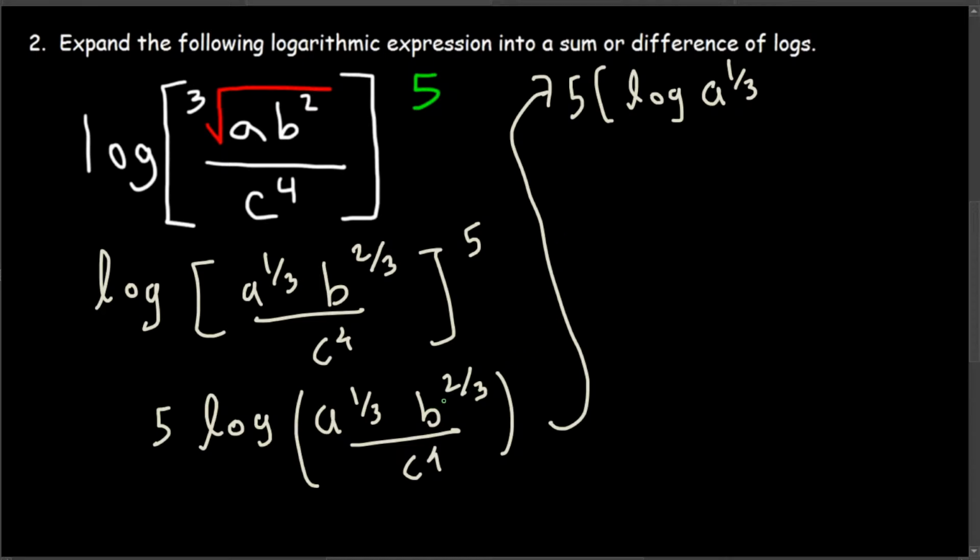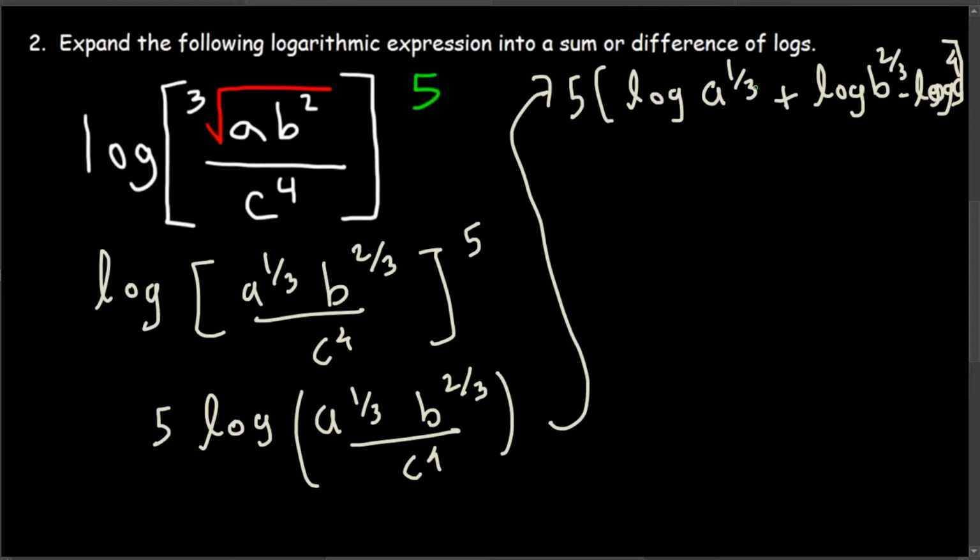That's a multiplication, therefore this is a plus sign: plus log b power 2 over 3. And then minus, because it's dividing, so we put a minus here, and then log c power 4.